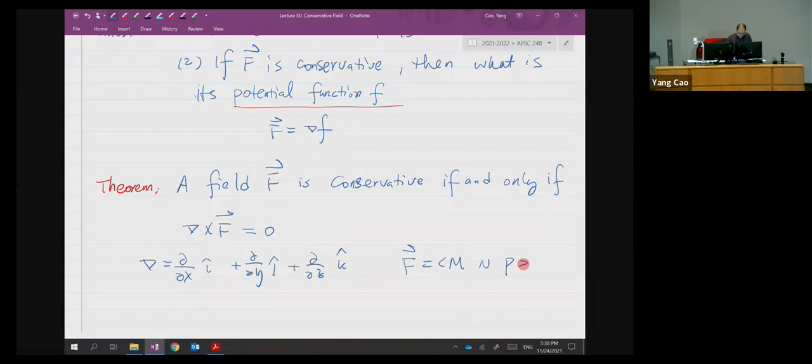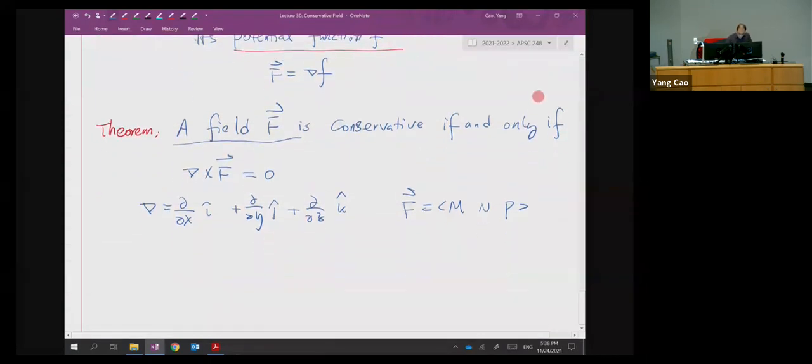So the theorem basically says, if you want to know whether the vector field F is conservative or not, calculate this cross product and see if it's 0 or not. If it is 0, then this vector field is a conservative field. Now I can show you how to calculate this cross product.